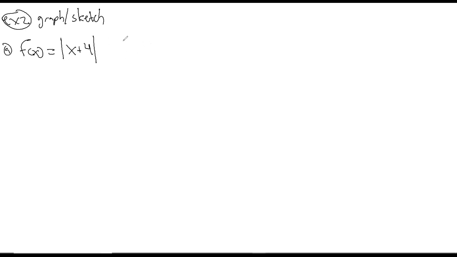It's not over here outside of the absolute value. It is inside. So this is what symbolizes a horizontal shift. Because that's a plus 4, that does shift it 4, either left or right, but you have to remember that this is backwards. So the plus 4 will actually shift it left 4 units, not right 4 units.